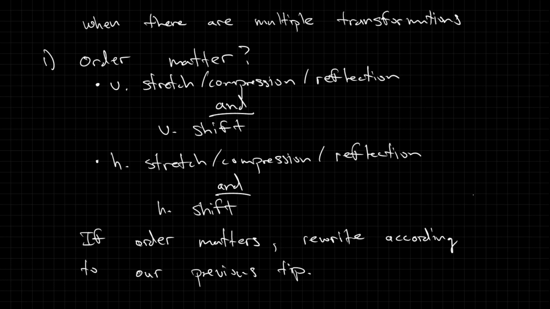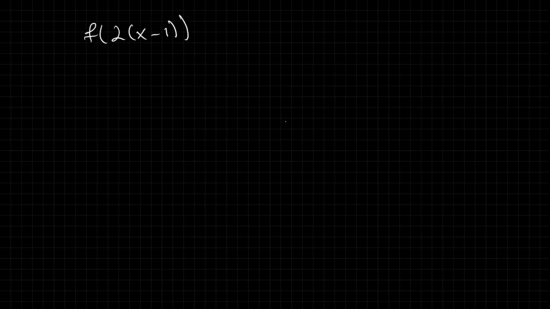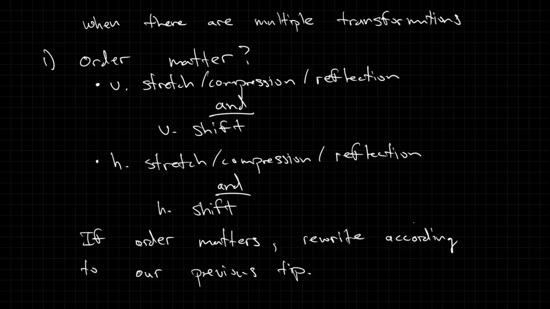And sometimes you may not have to rewrite because your problem will already be in the form that is required. For example, with this problem, the horizontal compression already multiplies the shift, so you don't have to factor anything. It's already done for you. But if the order matters, you should ask yourself, is the problem written in the form that I need? If it's not, then rewrite it.